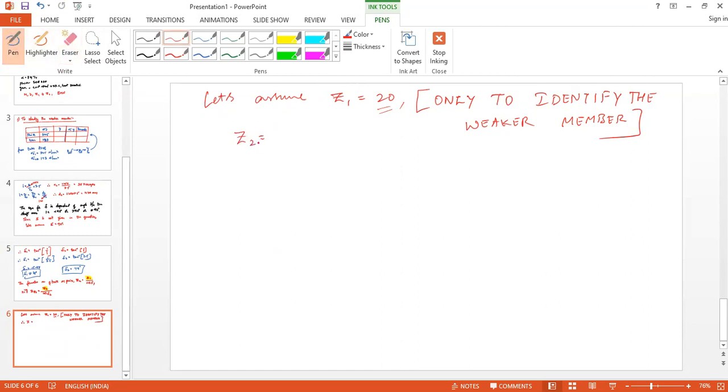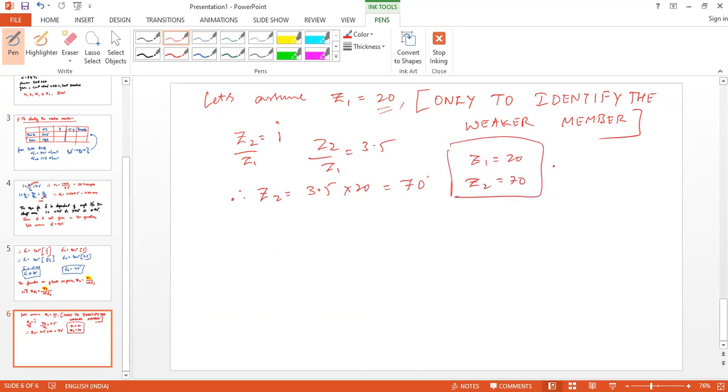We know that Z2 by Z1 is equal to I, or Z2 by Z1 is equal to 3.5. Therefore, Z2 is 3.5 into 20, so it is 70. So Z1 is 20 and Z2 is 70. These are the assumed values.